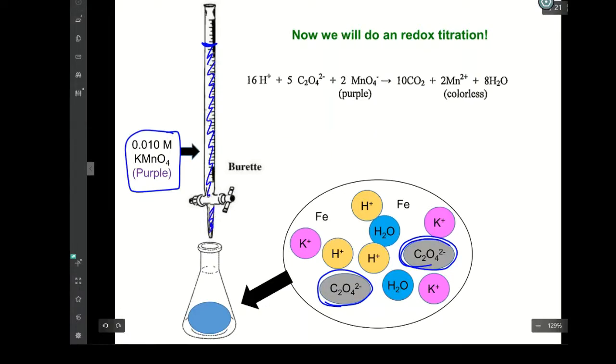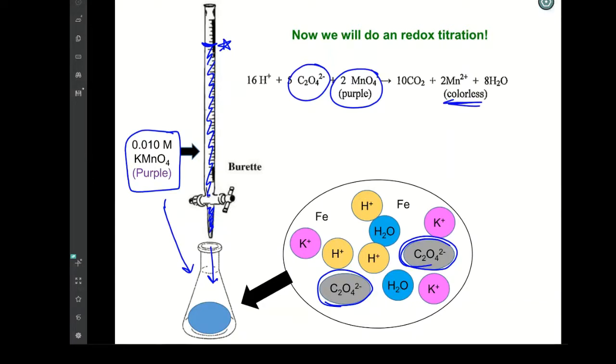Make sure that the tip is filled, and get that initial reading of the volume. Then you're going to add the purple down through the burette. We'll drip it in, and when it reacts, the purple reacts with the oxalate and produces a colorless solution. This is pretty close to colorless after you heat it up.